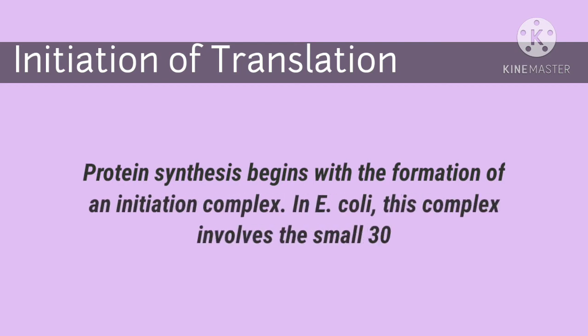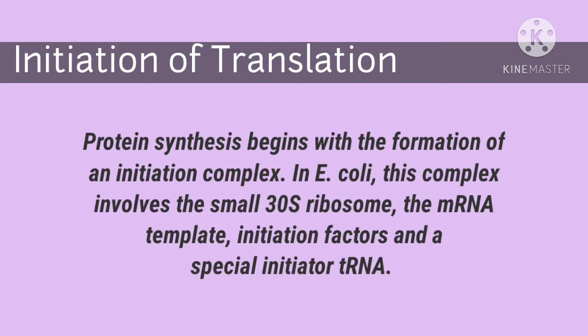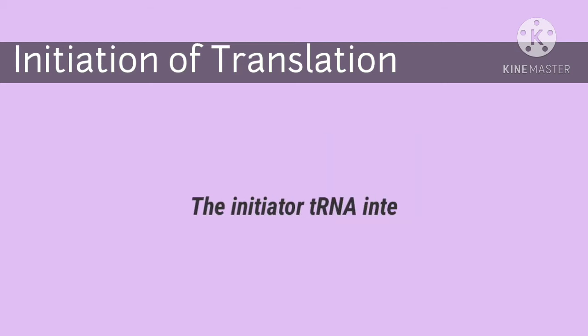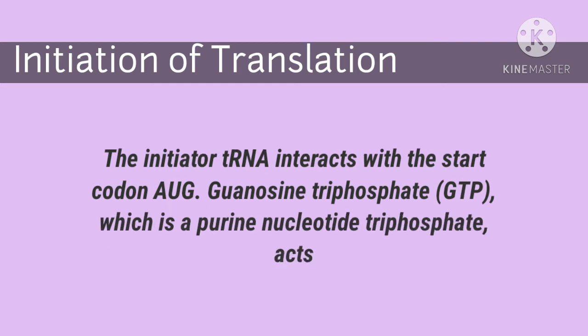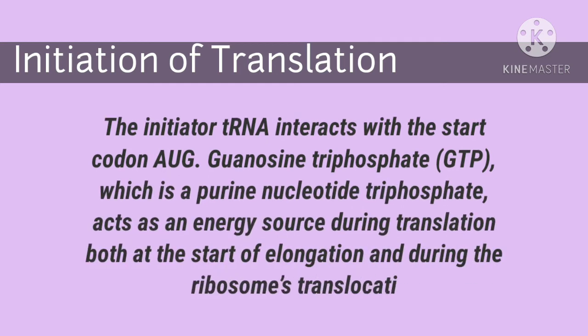Protein synthesis begins with the formation of an initiation complex. In E. coli, this complex involves the small 30S ribosome, the mRNA template, initiation factors, and a special initiator tRNA. The initiator tRNA interacts with the start codon AUG.